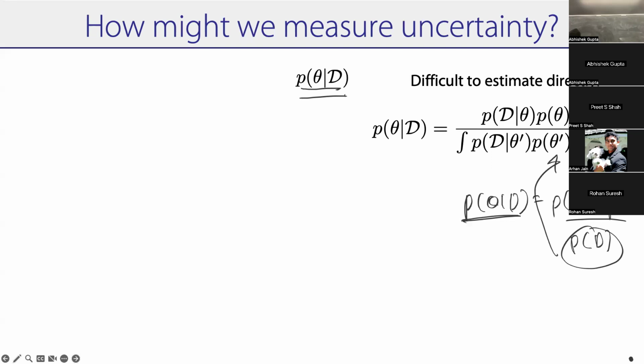And so the P of D given theta is the likelihood, right? It's basically the same thing that we had earlier. It's like supervised learning. It's like how likely is Y given X and theta, right? It's like how likely is the data to be produced by a theta? This P of theta is like how likely is something under the prior. So you have some prior distribution over models. You can choose what it is.